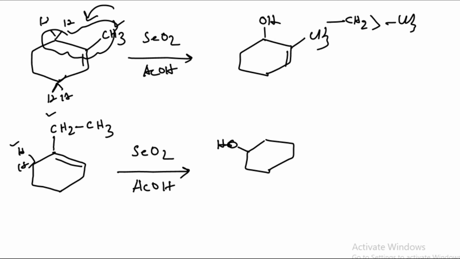So hydroxylation will be carried out in the cyclohexane ring. Following this rule, this will be our major product. Okay, I am always saying that this is the major product. Other types of allylic alcohols always form, but this is the major product.